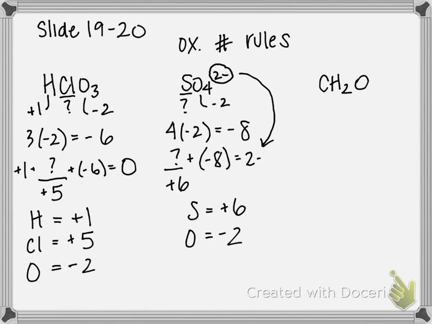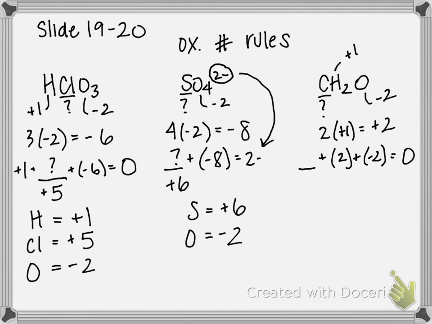And then our last example, looking for the oxidation state of all these elements. Oxygen's going to be -2, hydrogen +1, and we don't know the oxidation state of carbon. If we have 2 times +1 hydrogens, that means they contribute +2. Oxygen, there's only 1, so it contributes -2. So if we add all these up together, +2 plus -2 gives me 0.